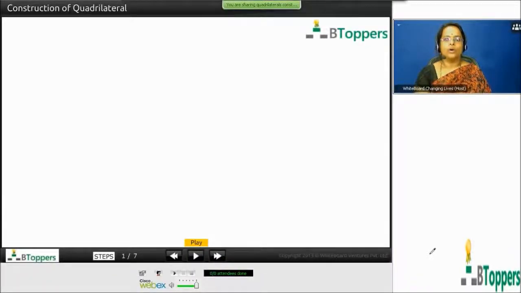Now, be ready with your apparatus, open your books, keep it ready, right? Now, as I do each and every step, I'll explain it and I'll draw. Along with me, you draw it, right? If anyone requires more time, you can ask your teachers to pause the recording here so that you can also complete the construction along with me.